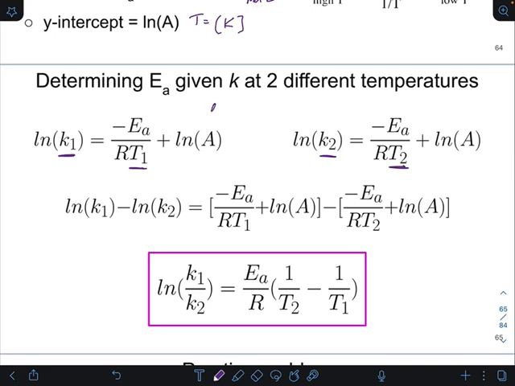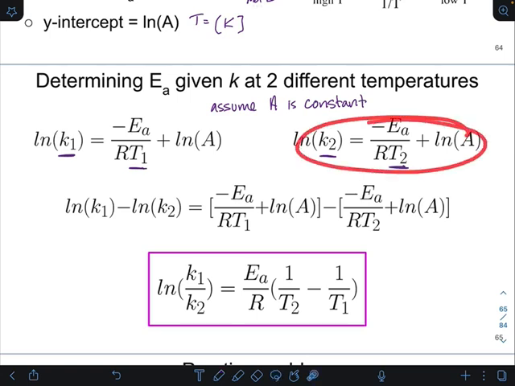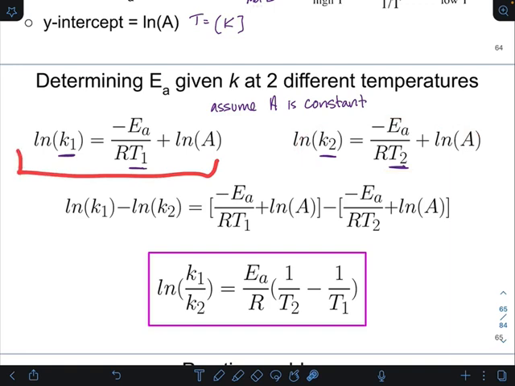We are assuming A doesn't change, and also that the activation energy is a constant, so we're not adding a catalyst or anything. What we can then do is subtract both sides of this equation from this equation.